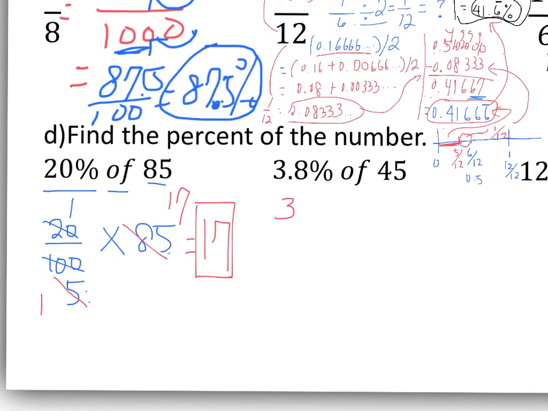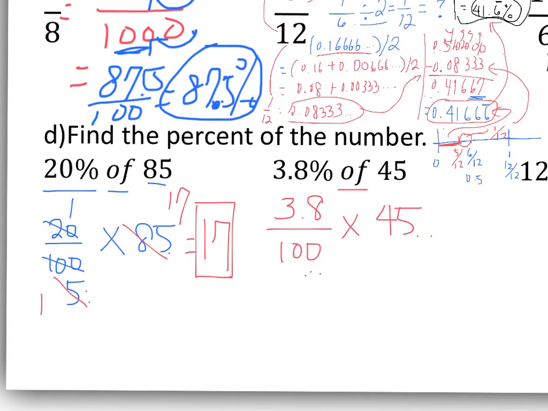And for this other problem, 3.8 over 100, multiply by 45. And I can first simplify 100 with 45 or 100 with 3.8. It doesn't really matter. I'm going to choose 100 and 45 because I don't want to deal with the decimal yet.